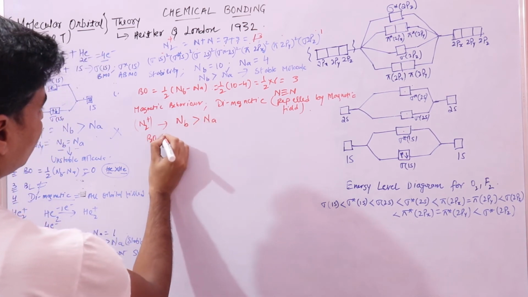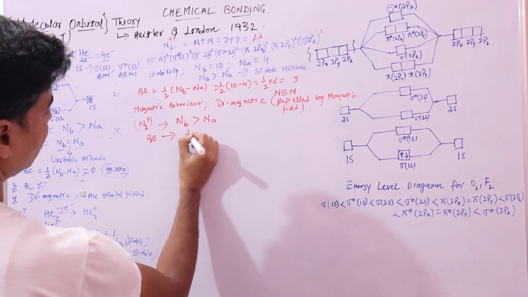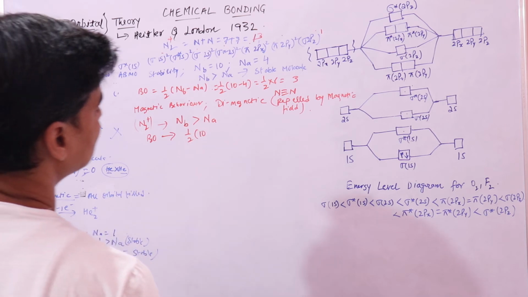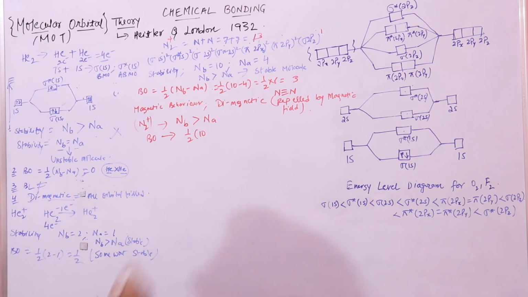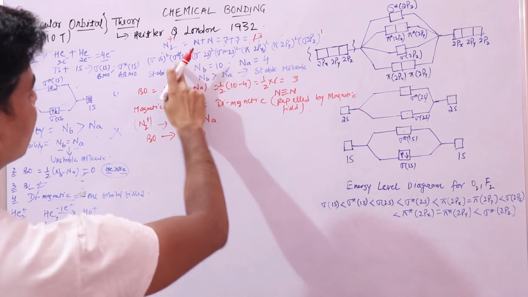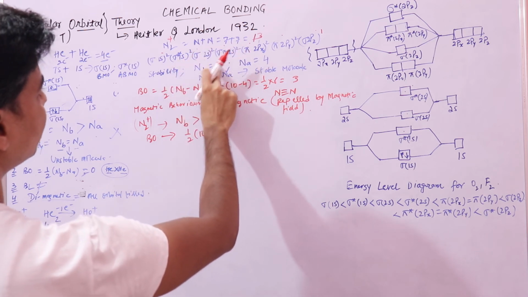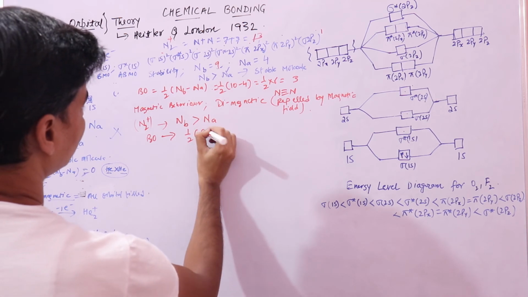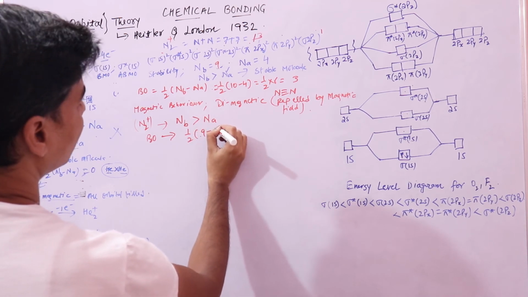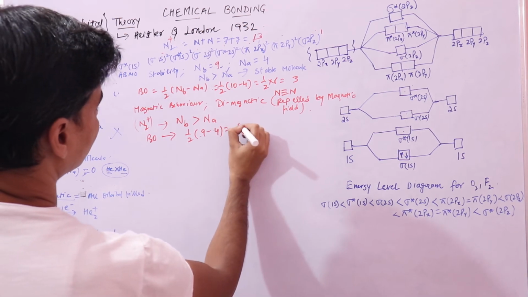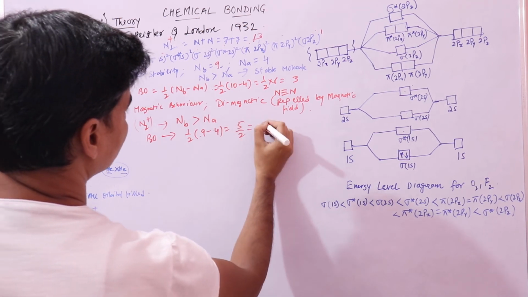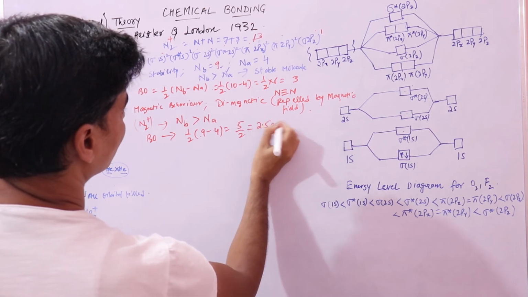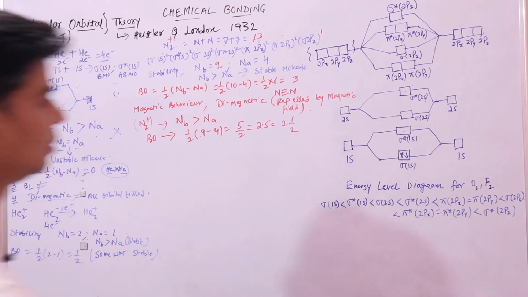And the bond order would be half of 9 minus 4, which is 2.5 bond.